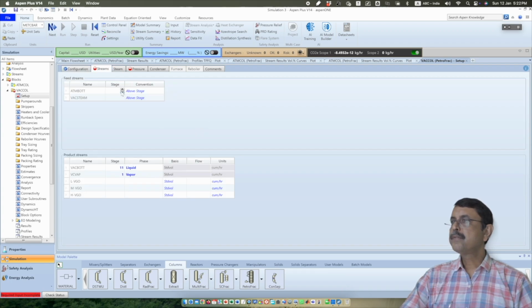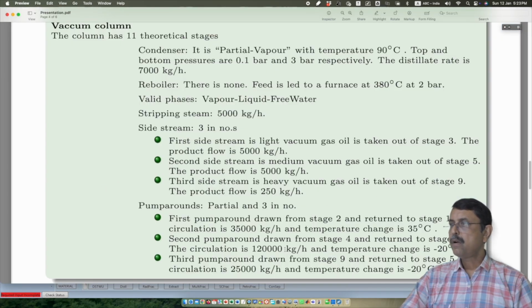The streams, the ATM bottom, it will go to the 11th stage through the furnace, and steam also is provided on the 11th stage. LVGO, the light vacuum gas oil, is taken out of stage 3.